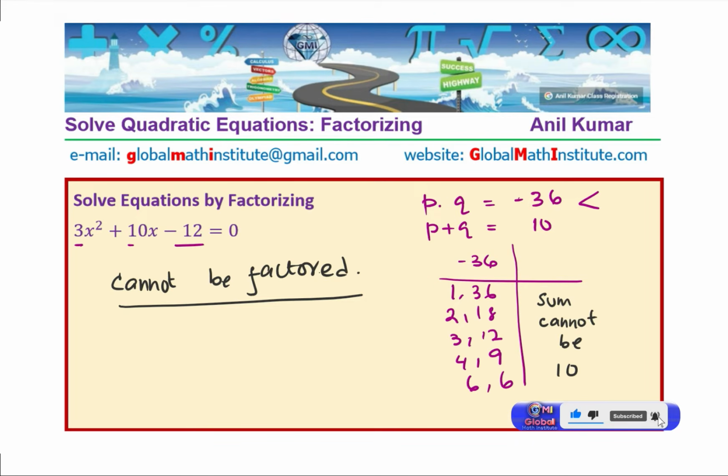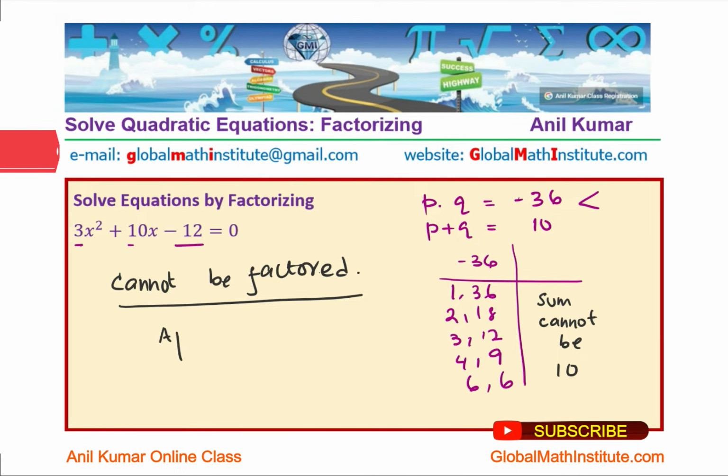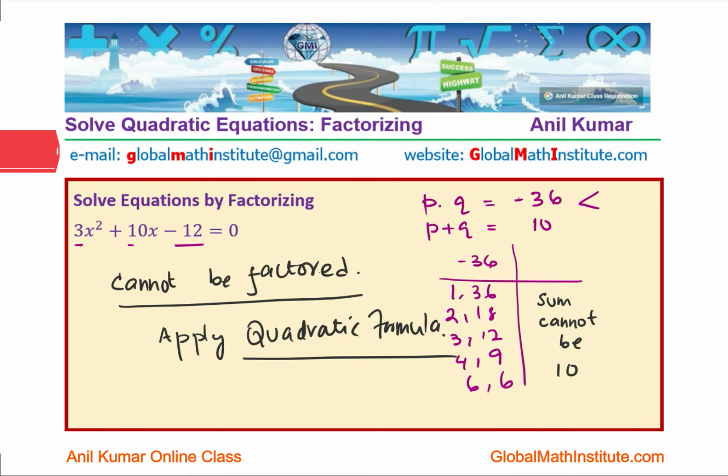If we cannot do that, then we cannot factorize. So for such questions, we have to apply the quadratic formula. Makes sense, right? Which will also be covered in the next topic, correct?